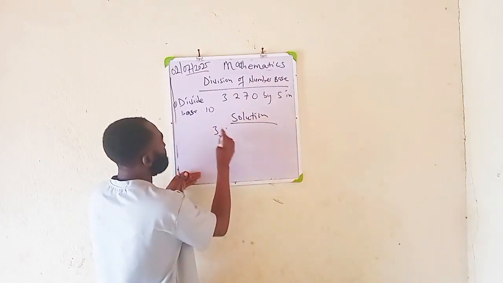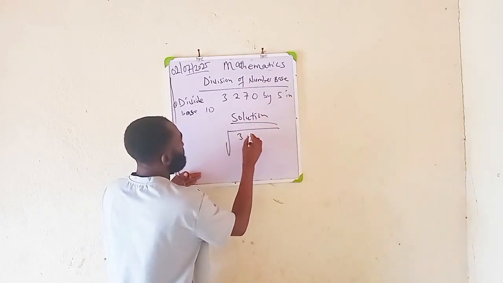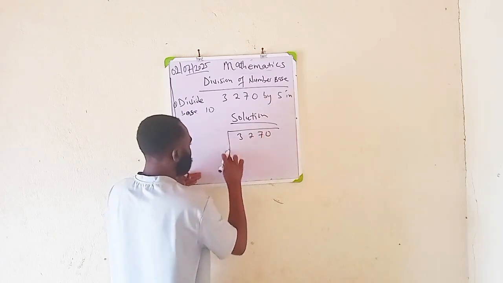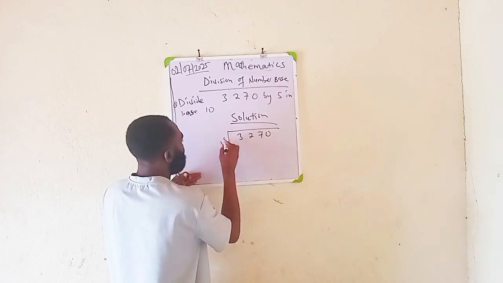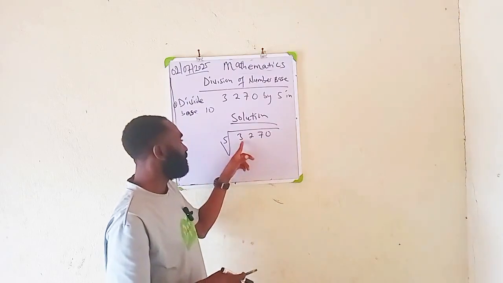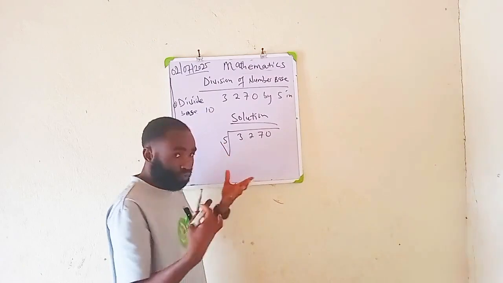So we'll be using long division to solve this question, which is 3270 divided by 5. First we check the first digit. If this first digit can divide 5, then we'll go ahead.